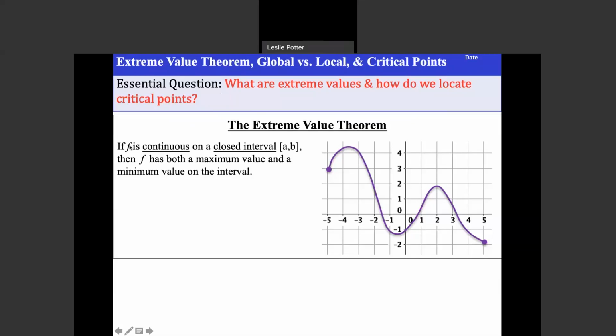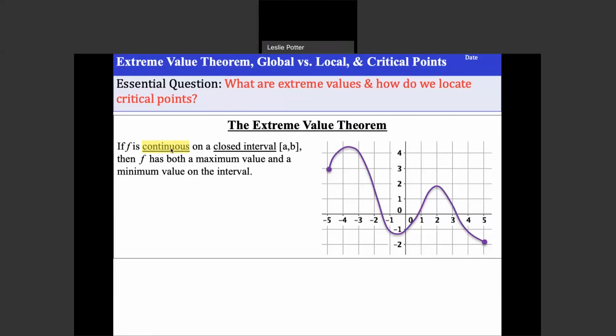If we have a function f and it's continuous on a closed interval, so a, b, these are the closed interval brackets a to b, then the function has both a maximum value and a minimum value on the interval. So if you think about it, we've talked a lot about making sure the hypothesis is true in order to use the conclusion.